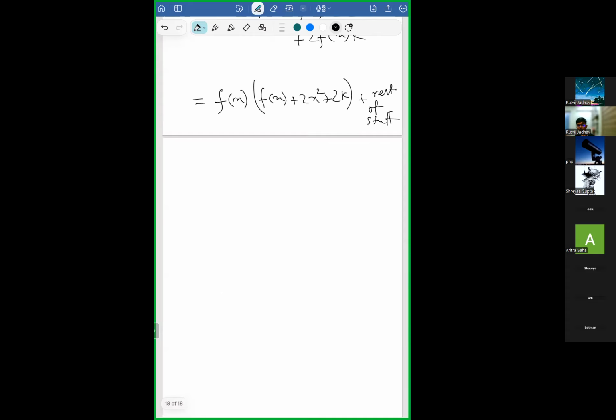Now take k to be large and f(x) to be small with negative terms.